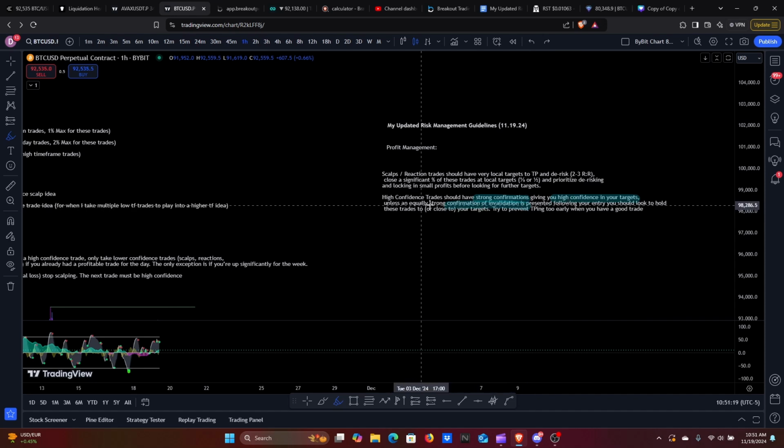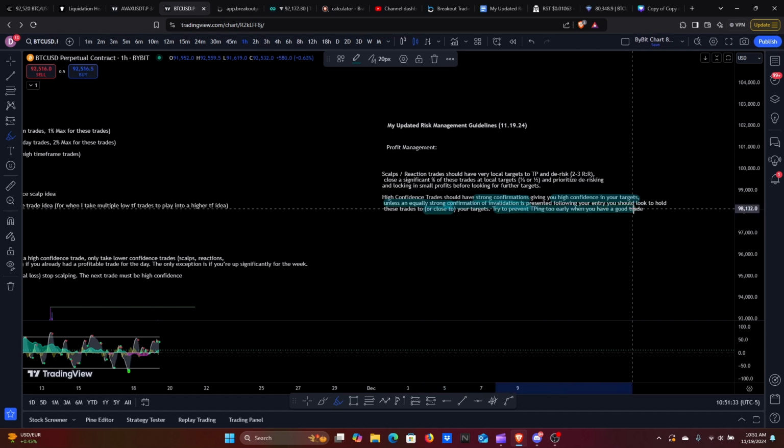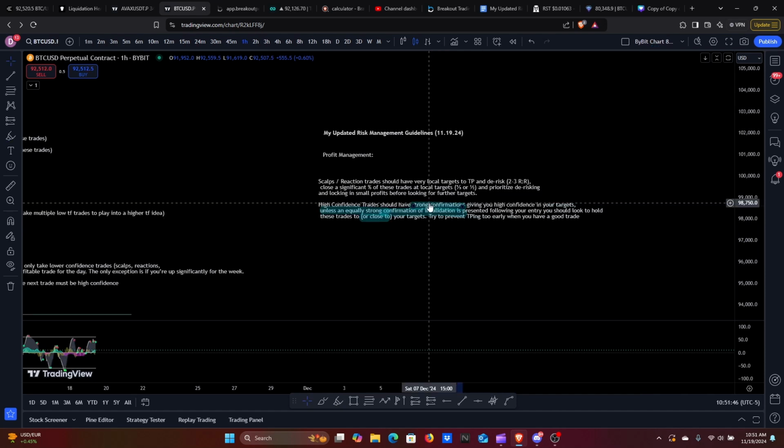But unless an equally strong confirmation of invalidation is presented following your entry, you should look to hold these trades to or close to your targets to try and prevent TPing too early when you have a good trade. And that can be a very difficult thing to put into practice.